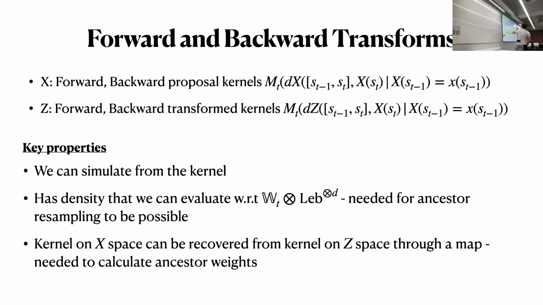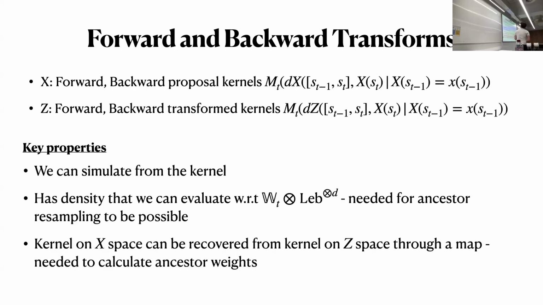And now I'm going to define two alternative ones on the Z space. What this Z space involves is a path and an ending point that comes from the distributions I defined earlier. We're going to keep the endpoint where it is, and we're going to apply some transform to the involved path.